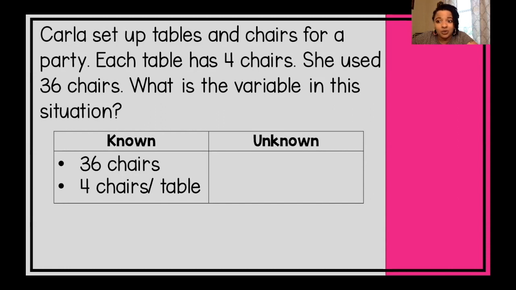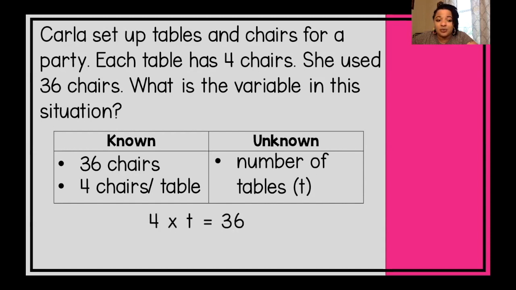What I don't know is the number of tables that she used. If I'm going to write an equation with my variable, I'm going to say 4 times the number of tables, which we're using T for tables, is equal to 36.